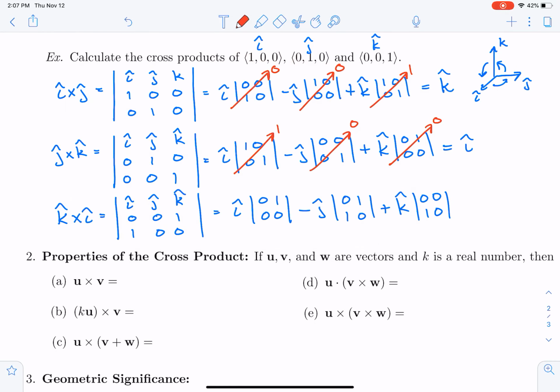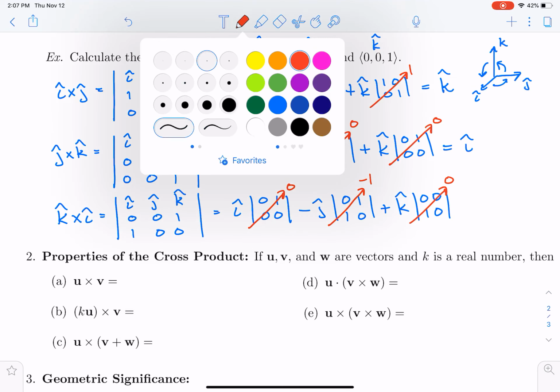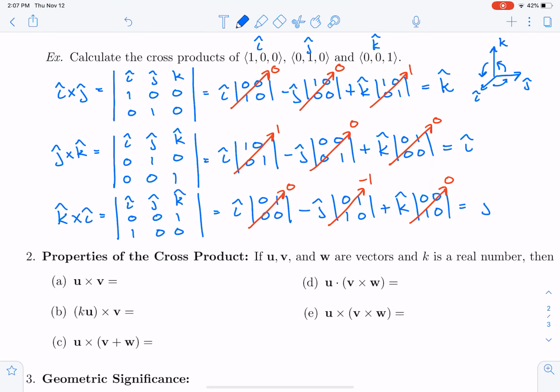And then the first determinant is going to be 0. The second one's actually going to be -1, and the third one is going to be 0. And so we get, again, j. So i cross j is k, j cross k is i, and k cross i is j.